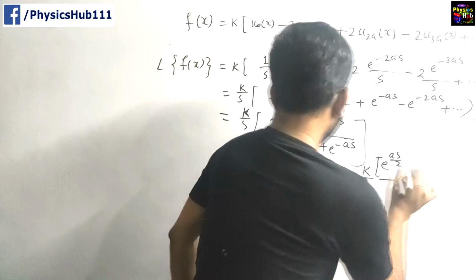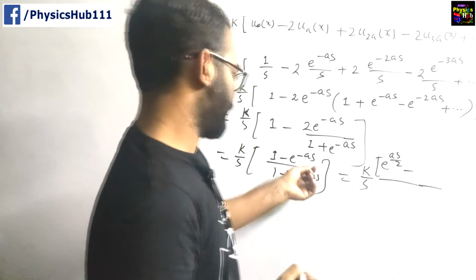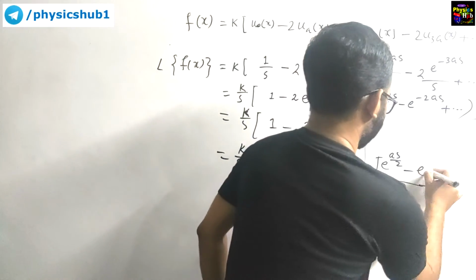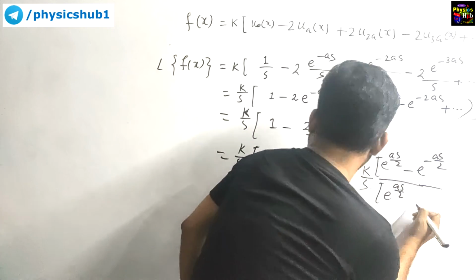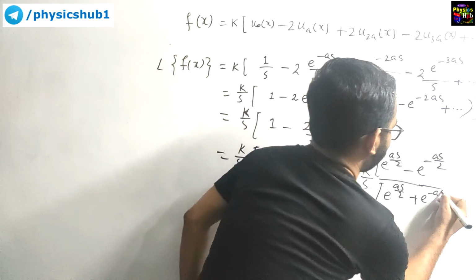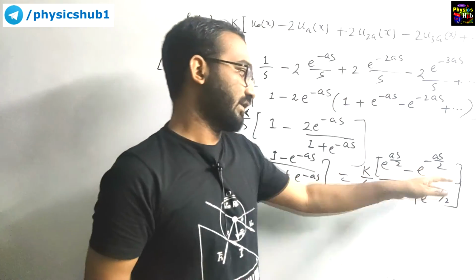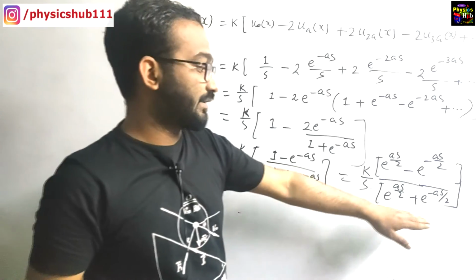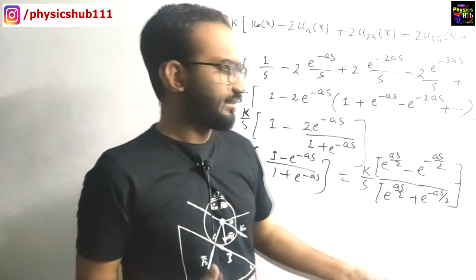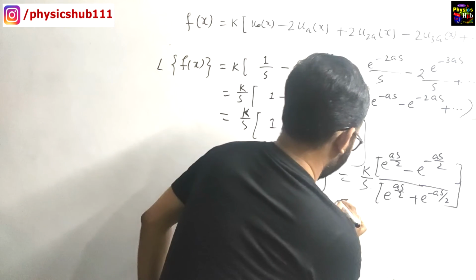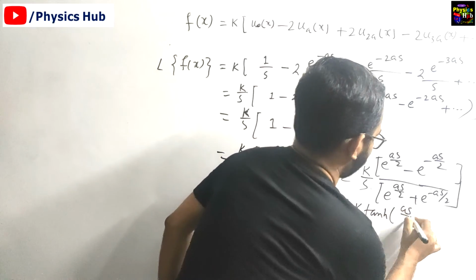E to the power as by 2 minus e to the power minus as by 2, and what will it produce? E to the power as by 2 plus e to the power minus as by 2. And you see, if you divide by 2 on the numerator and on the denominator, this will become sinh as by 2, this will become cosh as by 2, so it becomes tanh as by 2. So k by s tanh as by 2.